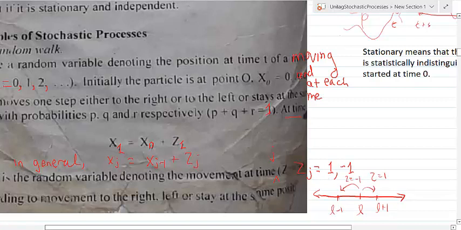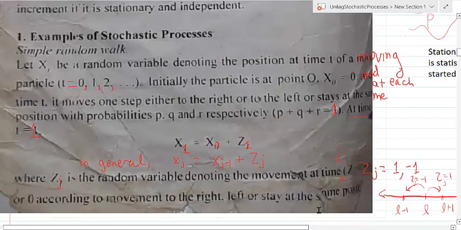Now the index on z is not the location. The index on z is the time step. So if I'm at state L at time step j, and zj equals 1, then I'll move to the right. So that's our description of random walk.